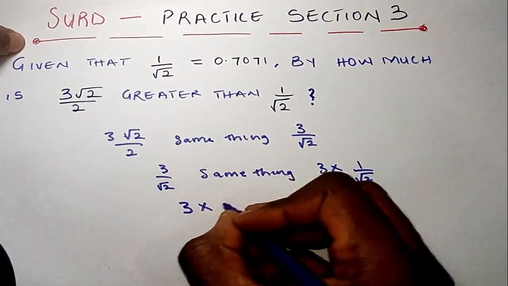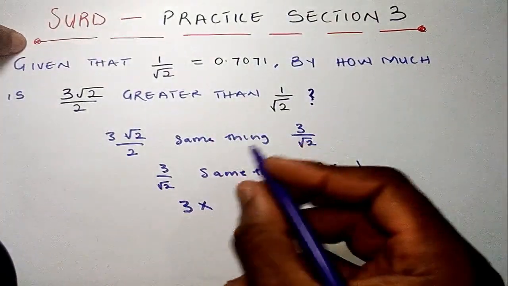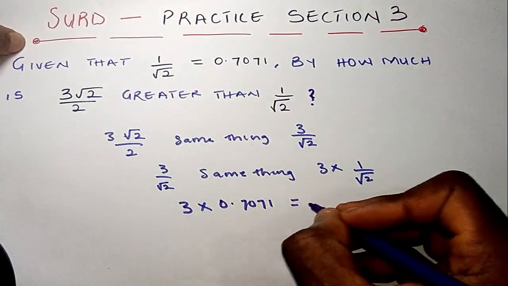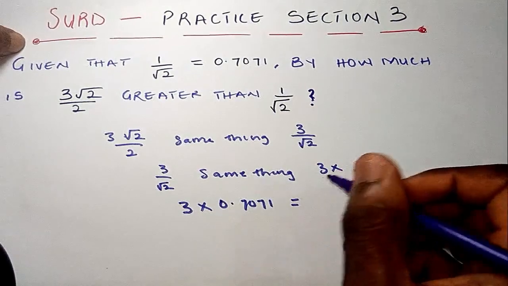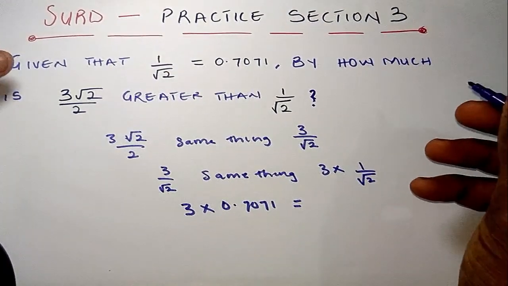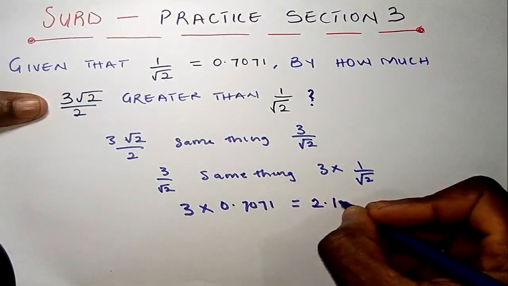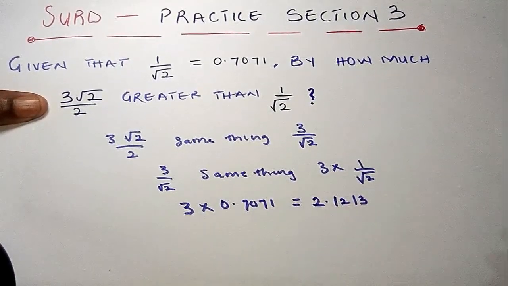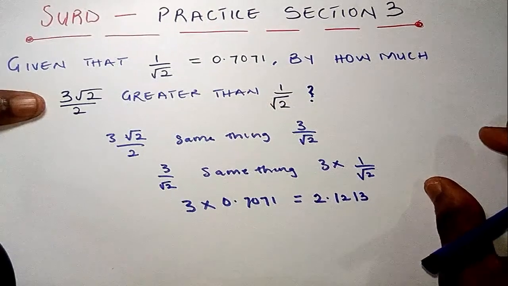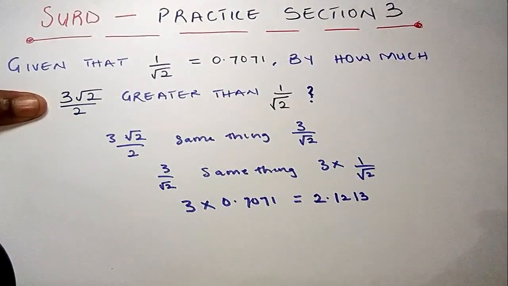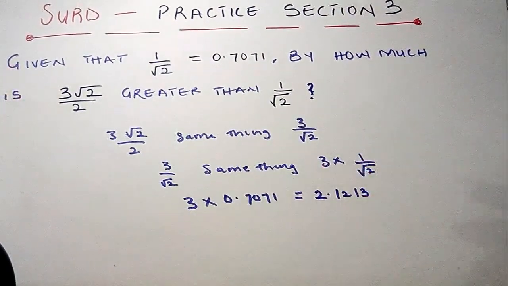So 3 times the value of 1 over root 2, which is 0.7071, is going to give you 2.1213. You can check your calculator. So that is exactly what 3 times 0.7071 is.